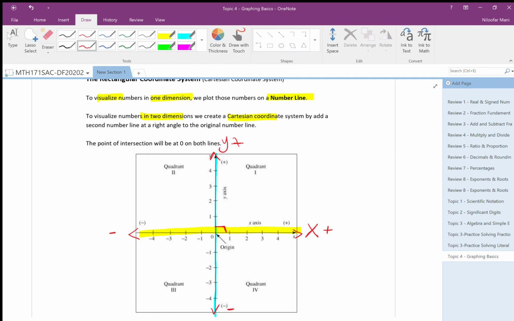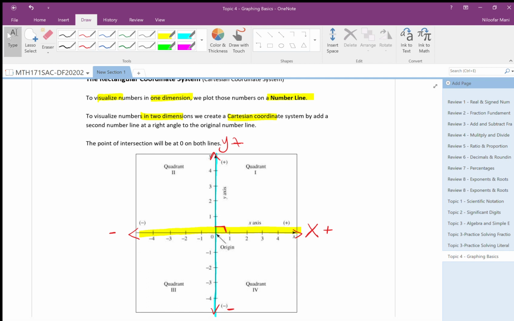These 2 lines make the graphing paper have 4 parts. I call them quadrants, because it's divided into 4 parts, and quad is related to 4.